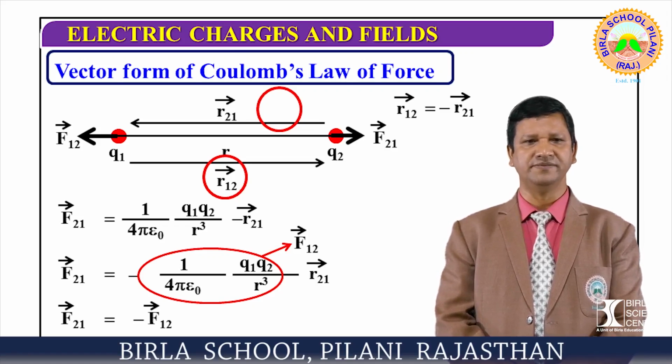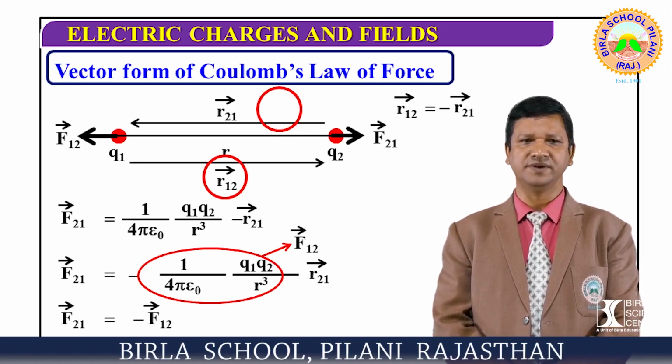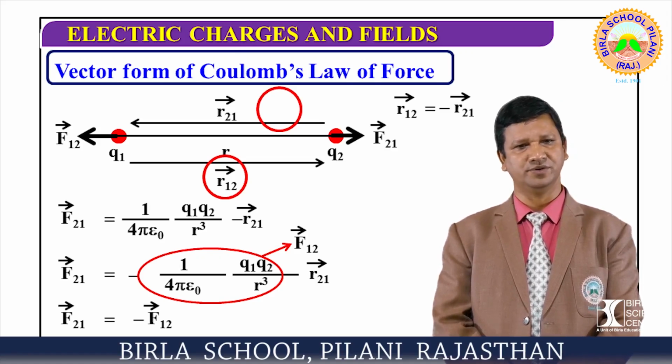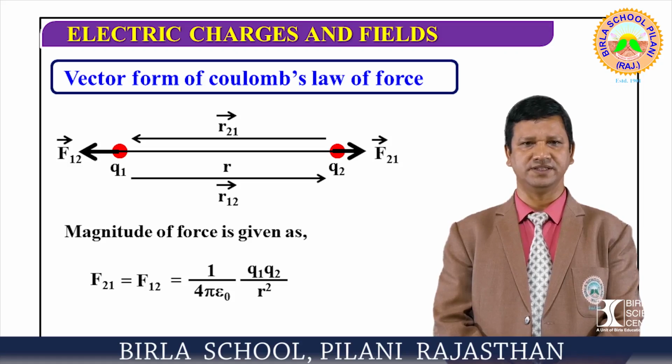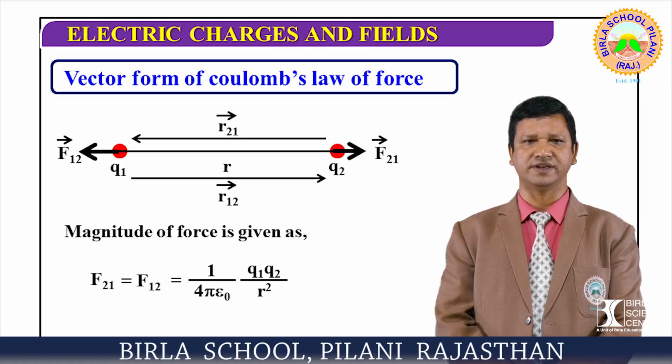In combined form, the value marked with the red circle has a constant magnitude, and it is the force on 1 due to 2. They are connected with one another by this result: the force on 2 due to 1 is equal to minus the force on 1 due to 2. From here we can also say that Coulomb's law verifies Newton's third law. The magnitude of this force is given by the formula, and in magnitude we can write it down.